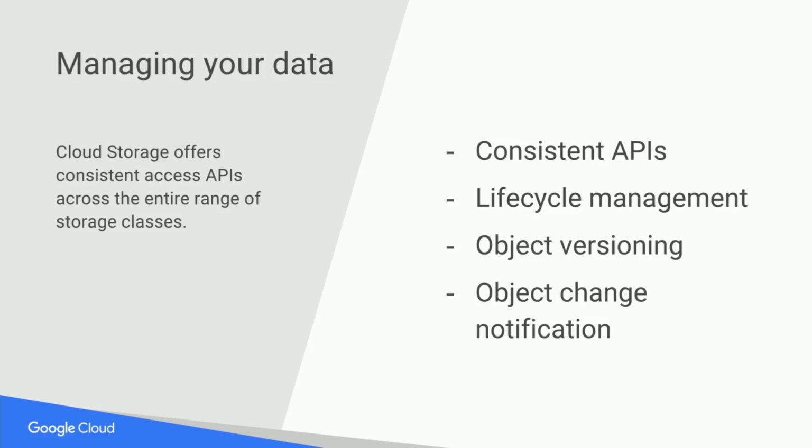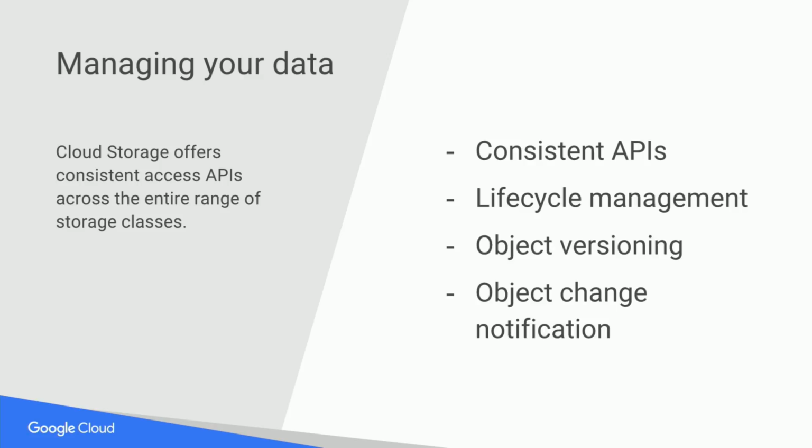Object change notification is a feature whereby you can have a bucket notify an external application every time a new object gets dropped into the bucket, for instance. So let's say you had an application where users uploaded photos, and every time a photo got uploaded, you wanted to actually create a thumbnail. So you wanted a service to open the image, shrink it down, and save the thumbnail in a database, for instance.